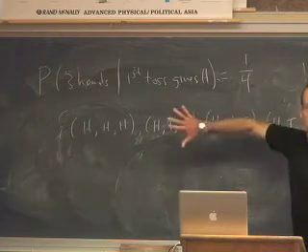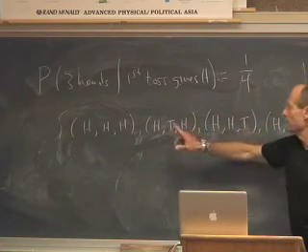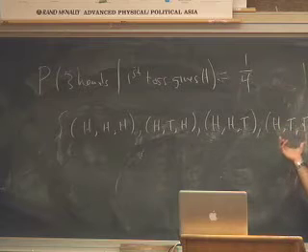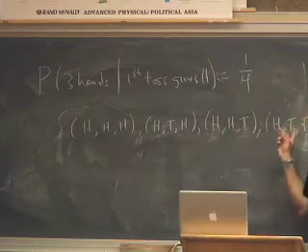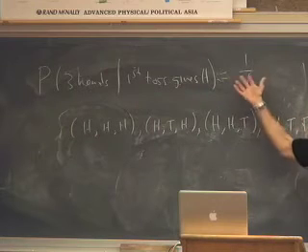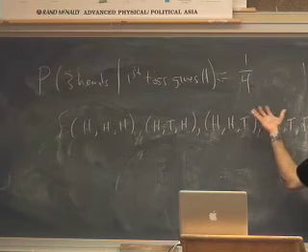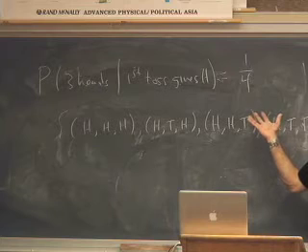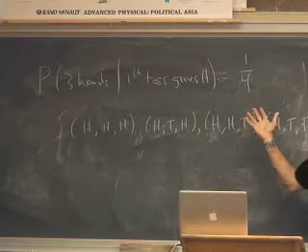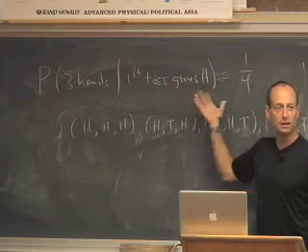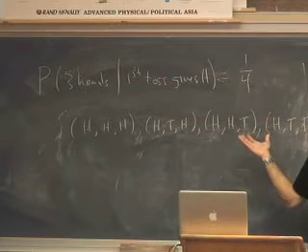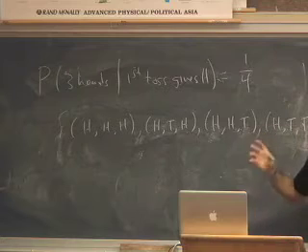I know that this happened. The outcomes in here are still equally likely. In one of these four, all three tosses were heads. And so the conditional probability of 3 heads, given that the first toss gave me a head, is 1/4 instead of 1/8.